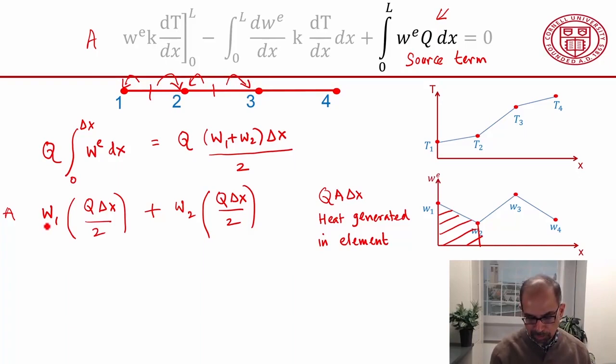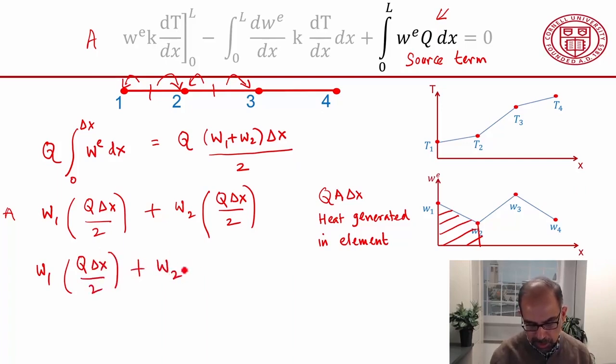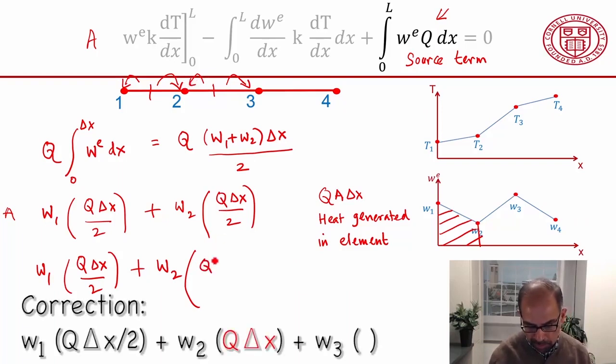And so when you work it all out, for W1 you'll get only one contribution, Q delta X over 2, whereas for W2 you'll get two contributions, one from the first element and then a contribution from the second element. So that'll be Q delta X over 2 plus Q delta X over 2, and then W3 and so on. You can work it out.